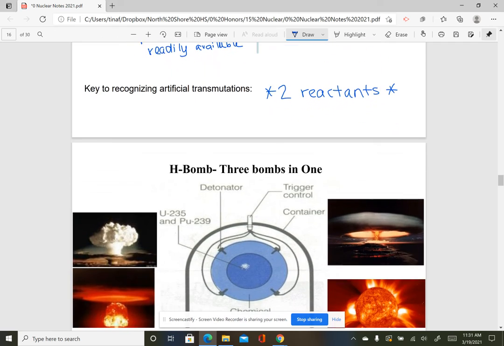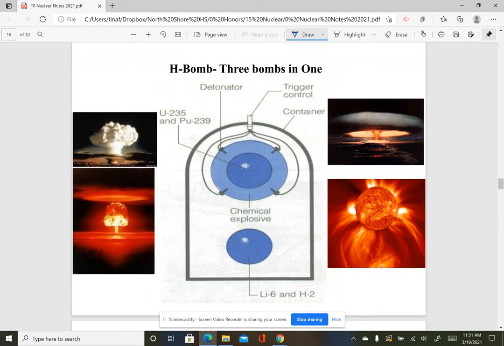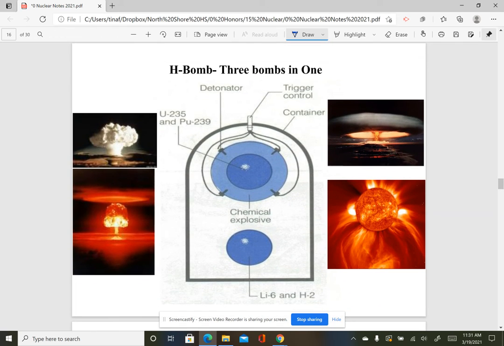Okay. Now, I put off talking about the hydrogen bomb, the nuclear bomb. This is another application, I guess, for a fission reaction. But a hydrogen bomb is basically three bombs in one.